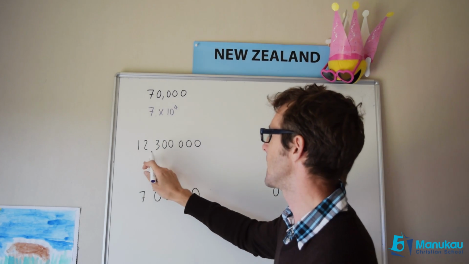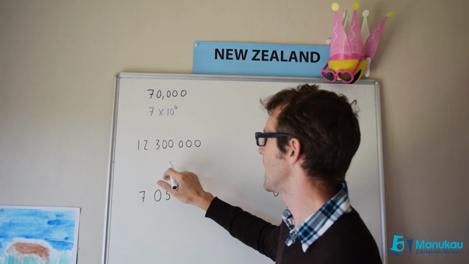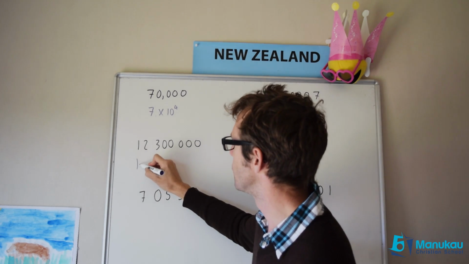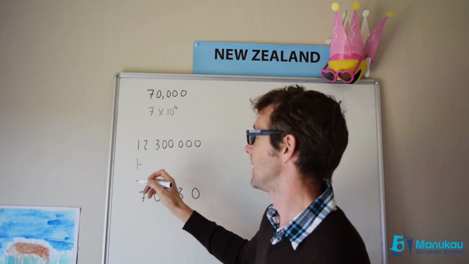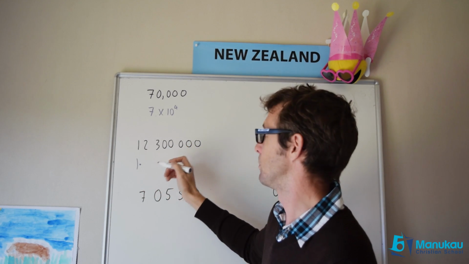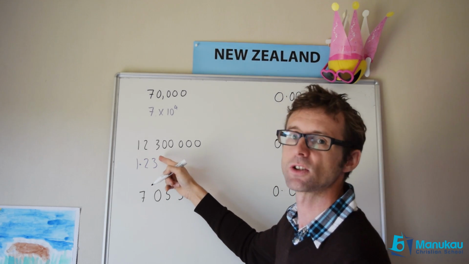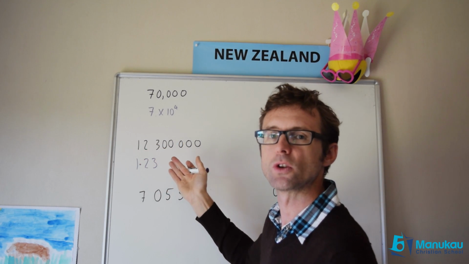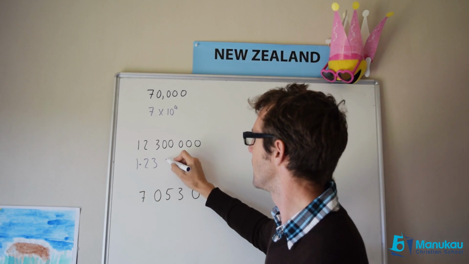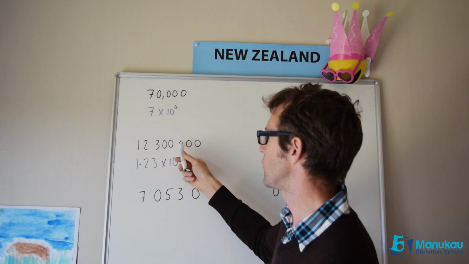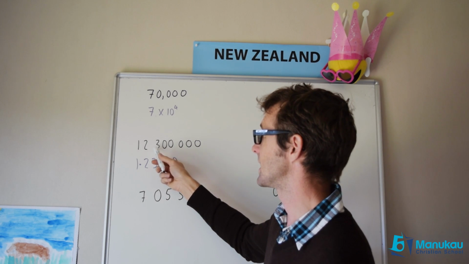Let's try the same one here. We've got 12,300,000. So one number, then the decimal point. Make sure you do that. Don't have 1, 2, 3 point something. It's 1.23, and you go all the way until you've used up all your non-zero digits, times 10 to the power of 1, 2, 3, 4, 5, 6, 7.